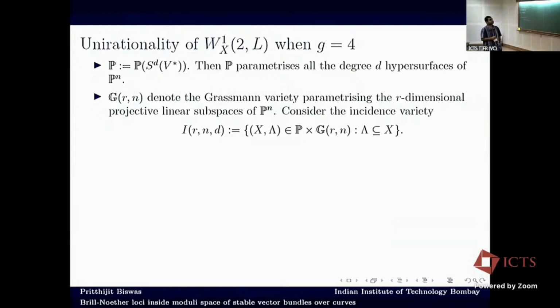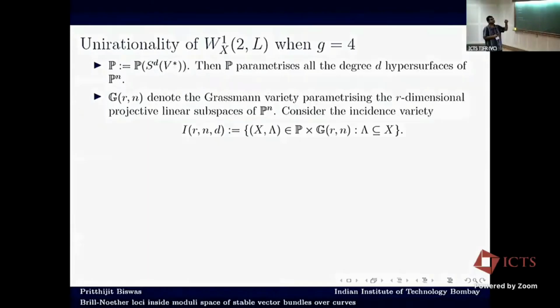So this P will parameterize all the degree d hypersurfaces in Pn. V here is just this space. And we look at G(r,n).